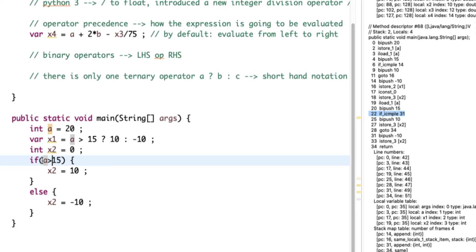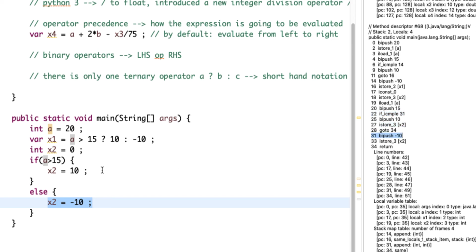So it looks like any greater than operation converts into less than or equal for some reason in the bytecode. And if A is less than or equal to 15, we have to jump to push negative 10. It says if A is less than or equal to 15, jump to 31, where we push minus 10 to the stack, and x2 is stored in index 3 of the stack, and then we return this, right?